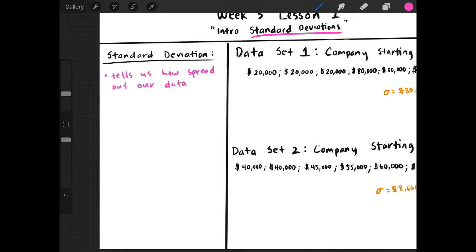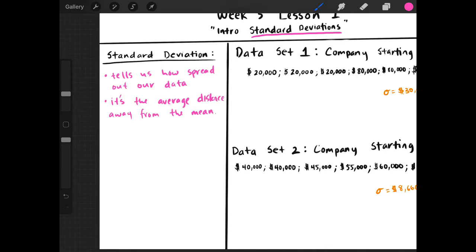The actual way that we use standard deviation, what we're actually going to call it, is the average distance away from the mean. Now we know what the mean is.